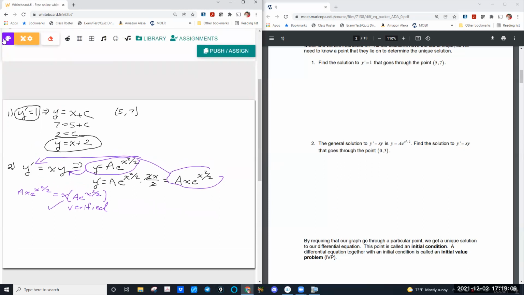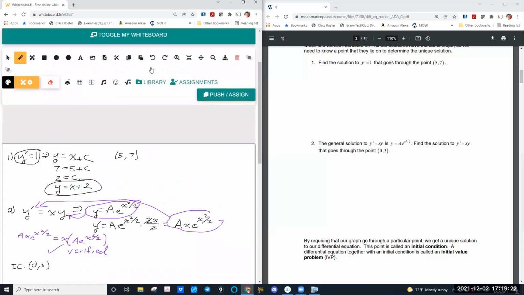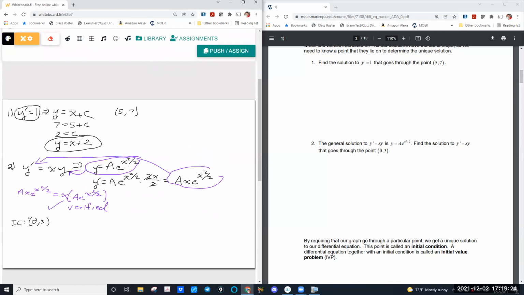And then if we wanted to involve the initial condition, well, we got the initial condition (0, 3). That means when x is 0, y is 3.